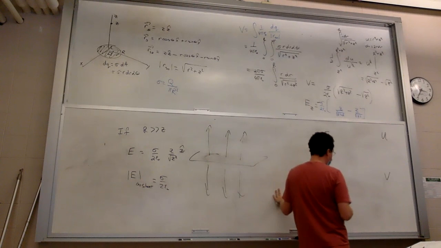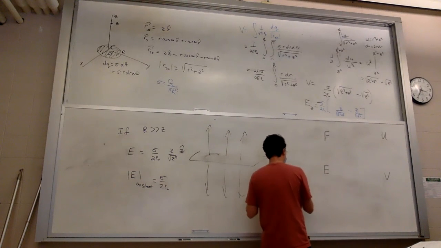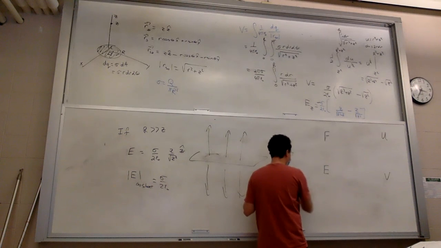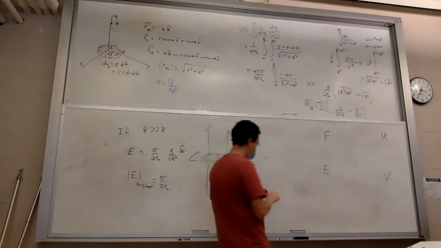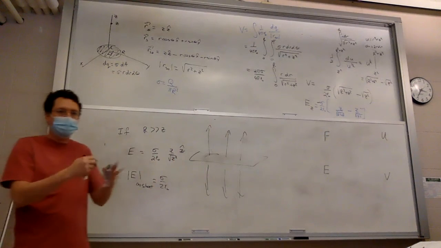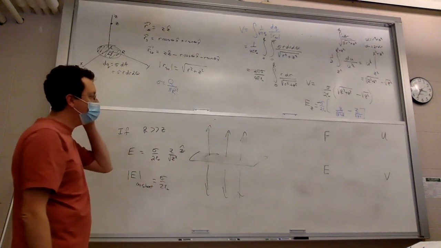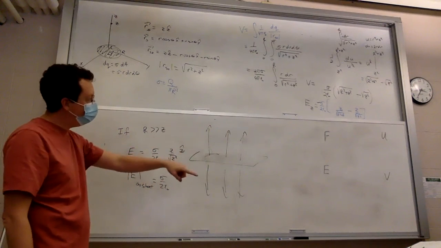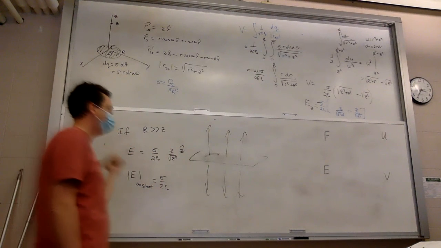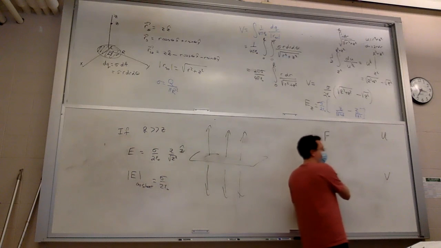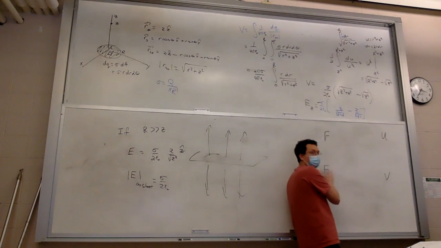So for some problems, you have to use the brute-force approach, add up all the little bits, and get what you get. For other ones, you want to use Gauss's law. For other problems, it's easier to find V and then work towards E. Or if the problem is to find V, if you can use Gauss's law, do it.